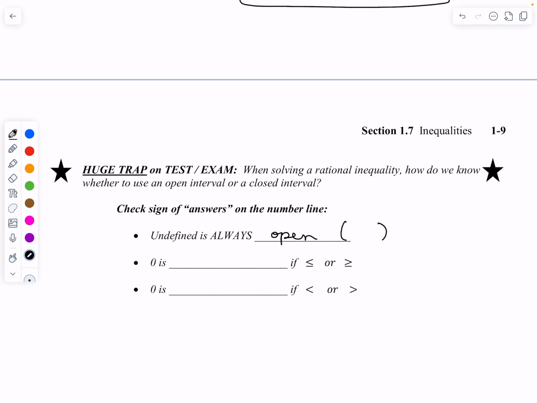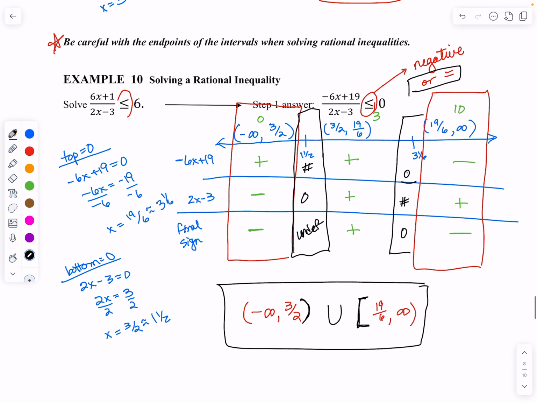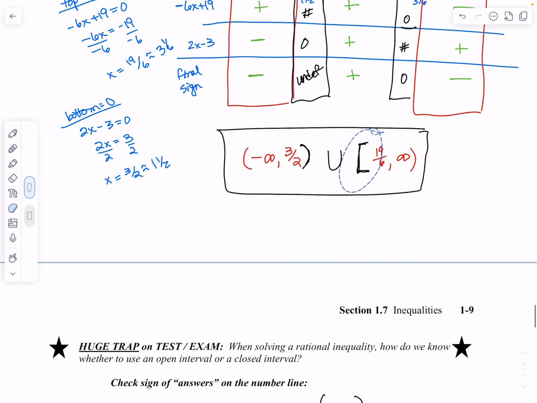If it's 0, and it has an equal mark, it's going to be closed. In other words, it's going to have a bracket. This one was a 0, and I had an equal mark. So if it's a 0 and you have an equal mark, you are going to have a bracket. That's what that is saying.